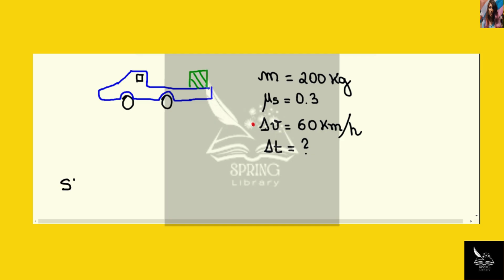So the concept that we need here is the concept of static friction. So we have static friction when the surface and the object that is on the surface are at rest relative to one another.